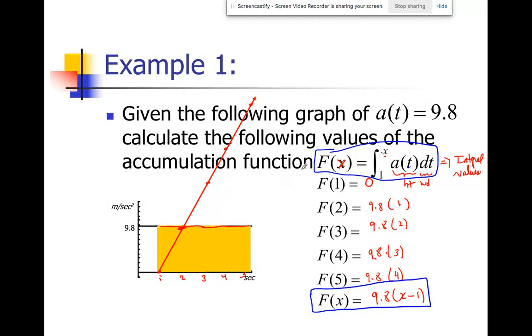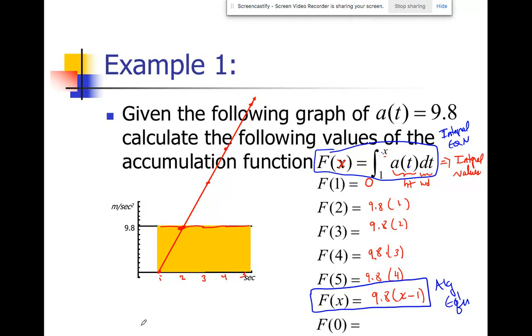We went from an integral equation to an algebra one. But I get the same values. I don't have to integrate to get 9.8 times 1, 9.8 times 2, 9.8 times 3, 9.8 times 4, or 9.8 times anything. That's powerful.